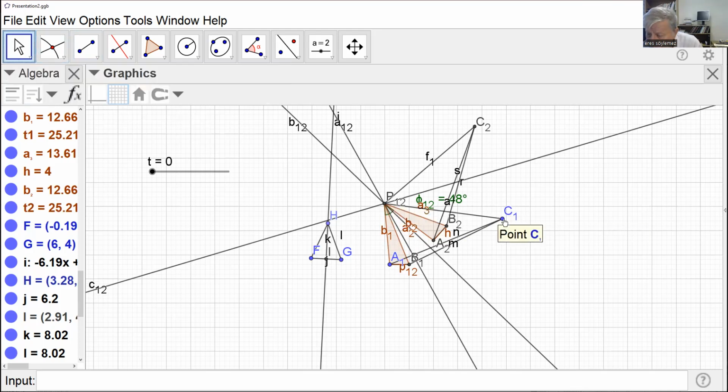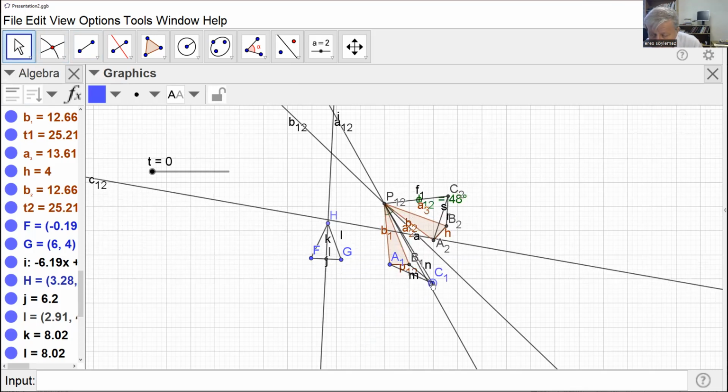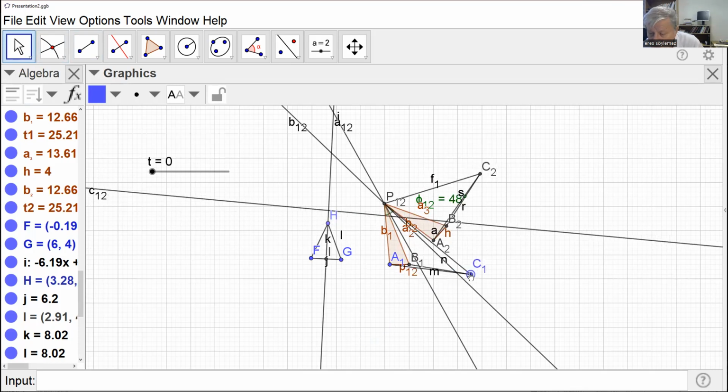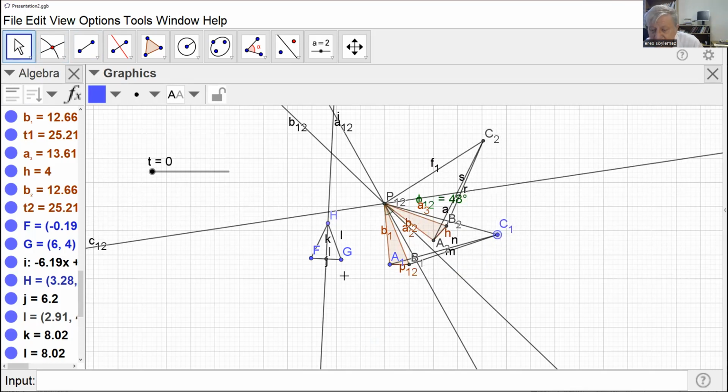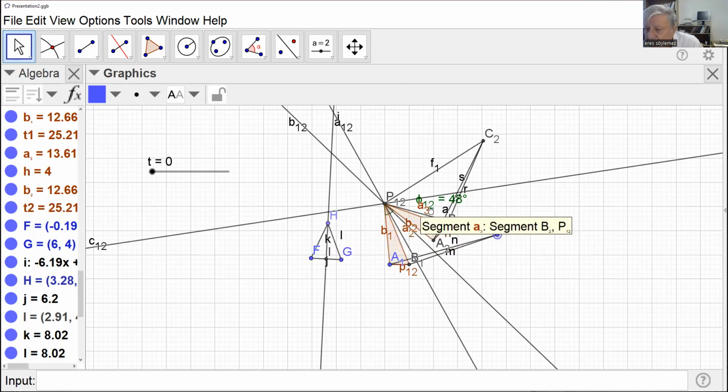Any questions? Let me prove that. Very simple. If you consider the angle A1, P12 to C1, let us call it beta, is it also equal to A2, P12 to C2? That is beta because it's a rigid body rotating about P12.